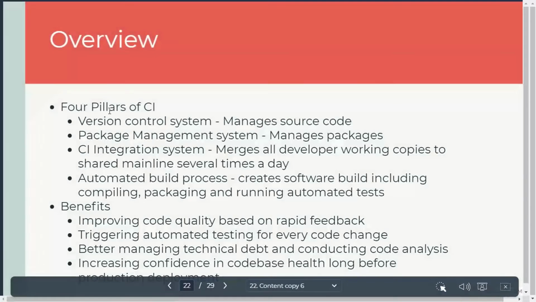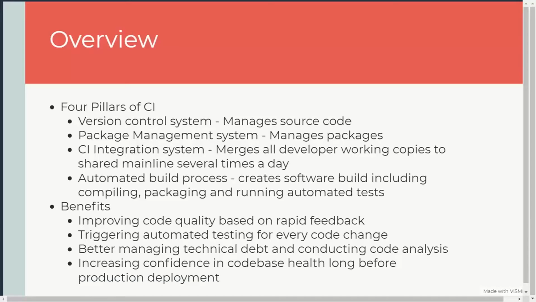Okay. So, for example, in that overview, the four pillars of CI, right? The first one is the version control system, the second one is the package management system, the third one is the CI integration system, and the fourth one is the automated build process. So today Amos has not joined, right?